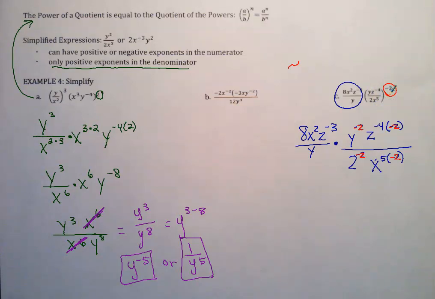Okay, awesome. So then let's look at this. So now we've got still 8x squared z to the negative third over y times y to the negative 2, z to the, well, negative 4 times negative 2 is 8, okay, over 2 to the negative 2, wouldn't be negative 4. That's the tricky part. It's not going to be a positive 4.